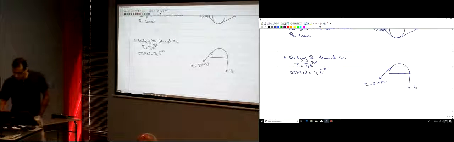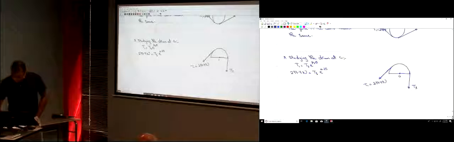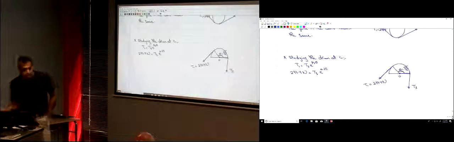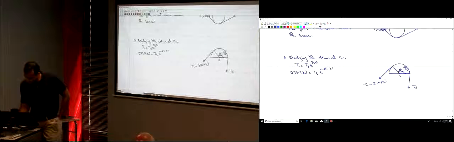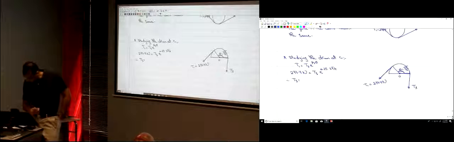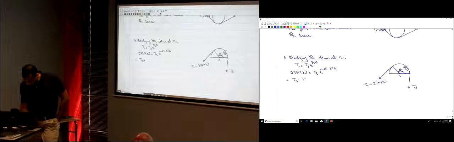So what's theta from this center here? The angle of tangency. That'll be the same, 3 pi divided by 4. So therefore, T3 is equal to 153.9 newtons.